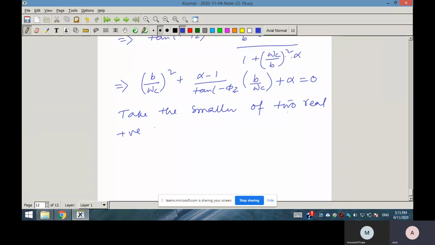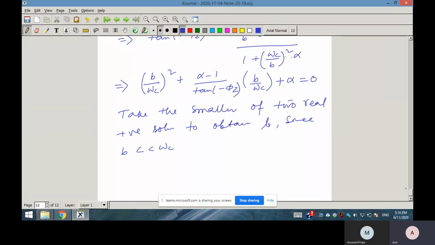Phi 2 is negative, and here alpha is greater than 0. So take the smaller of two real positive solutions to obtain b. Why? Because b is much smaller than omega c.